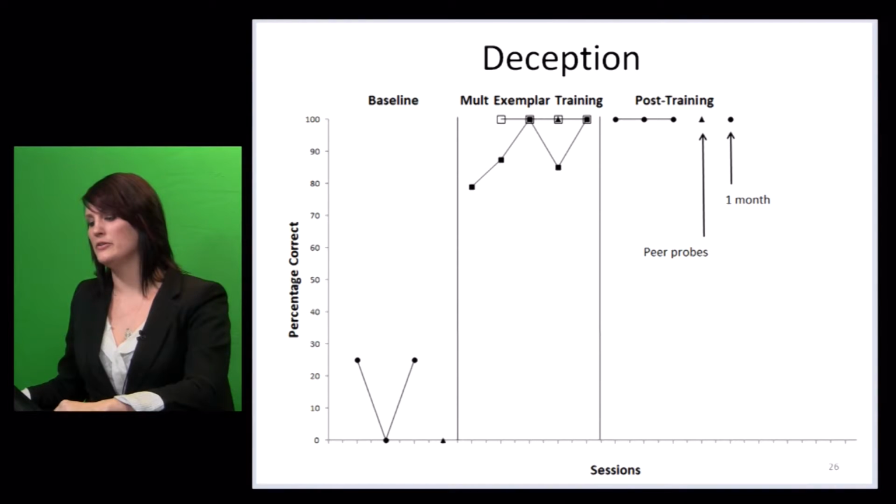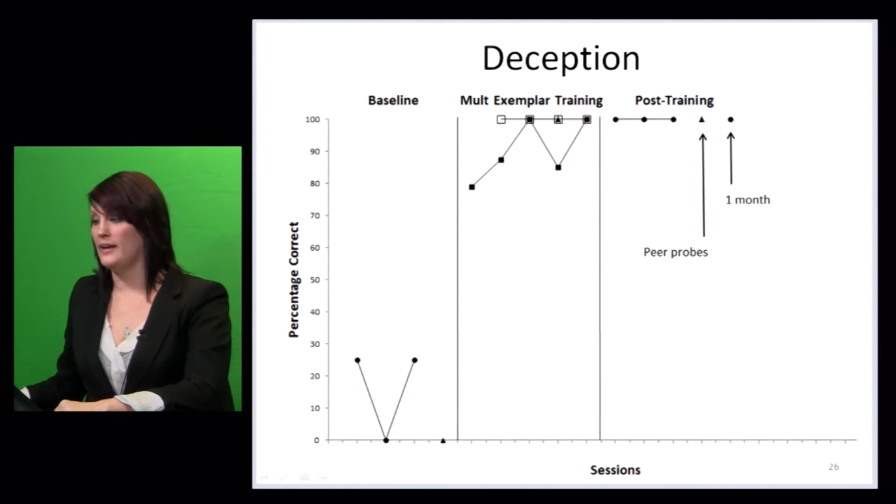The dark triangle at the bottom of baseline is the peer session. So you can see with this kid, he specifically was not responding to any of the lies that the peer was telling him. With multiple exemplar training, there was an immediate increase, and the generalization probes are the open squares, and you can see that after 2 sessions, the child was responding to the generalization probes at 100% accuracy.